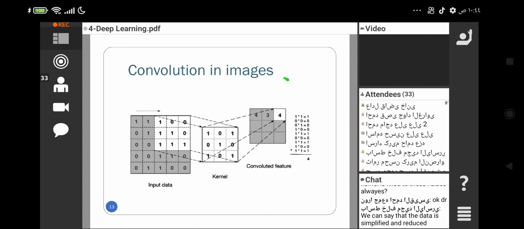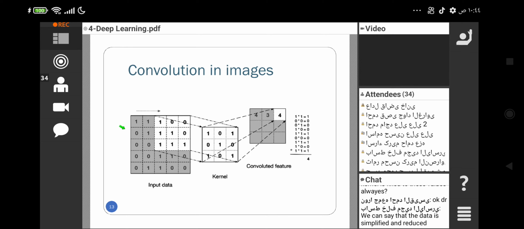Why does this happen? Why does the data reduce? Because this kernel can't move on these places. If we put the center of the kernel here in this place, it can't do anything because we don't have data here.